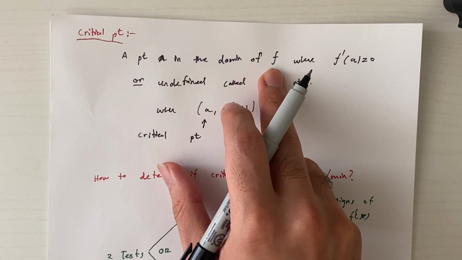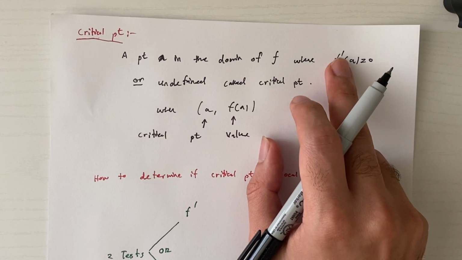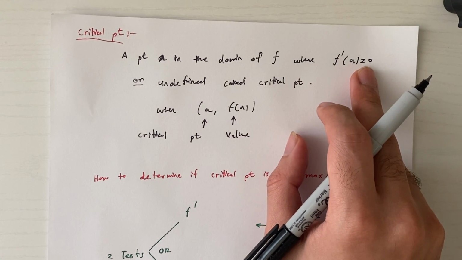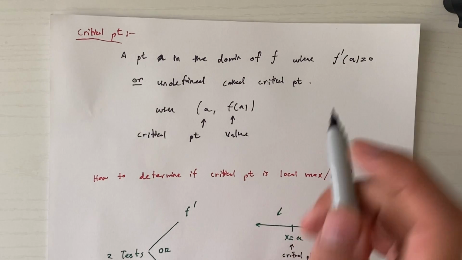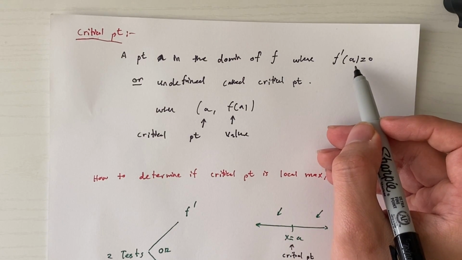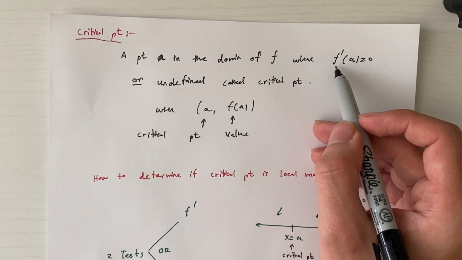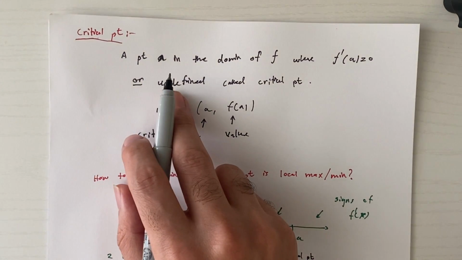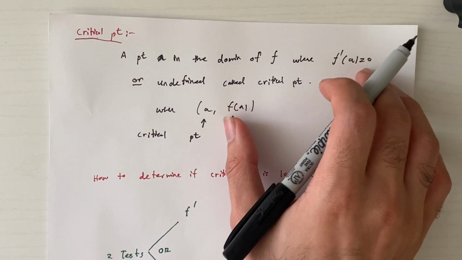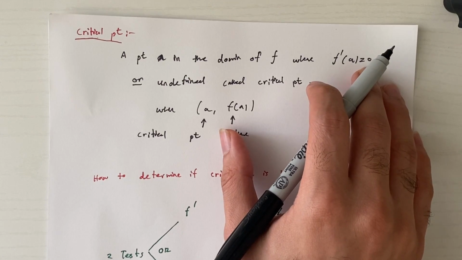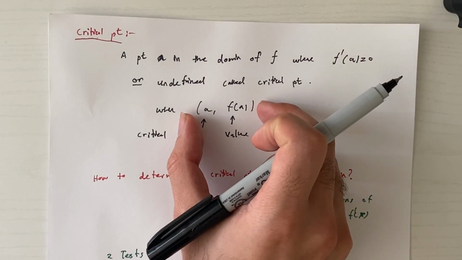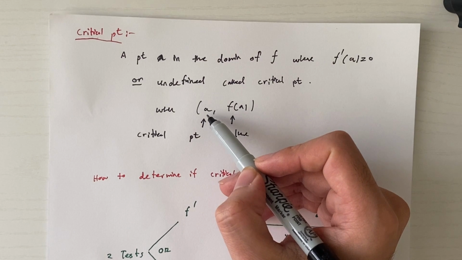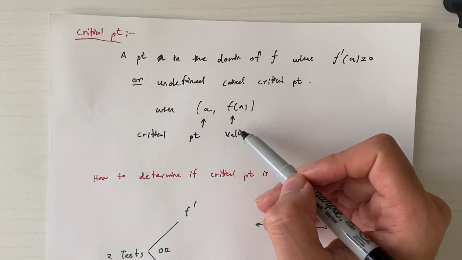And then when we take the first derivative and evaluate it at a, it's gonna be 0. That means the slope at the point a is 0, or it's undefined. This is what a critical point is. And it can be given as a and then f of a, where a is the critical point and f of a is the critical value.